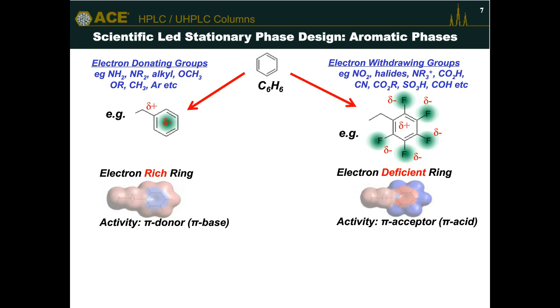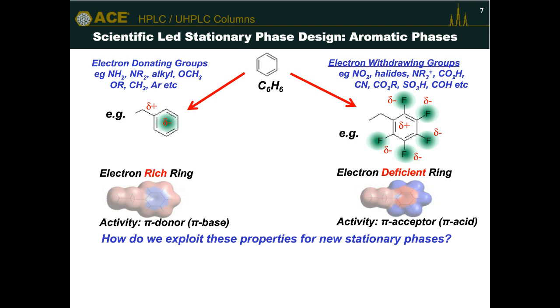Now, why is this important for new stationary phase design? Well, the thing we're interested with stationary phases are the mechanisms of interaction. And by substituting different types of functionality onto these aromatic rings, we can change the weighting of the mechanisms of interaction. So for instance, the alkyl aromatic stationary phase, such as the C18AR, which I've put on the slide there, is a combination of a C18 chemistry and a phenyl type chemistry together in a single stationary phase.